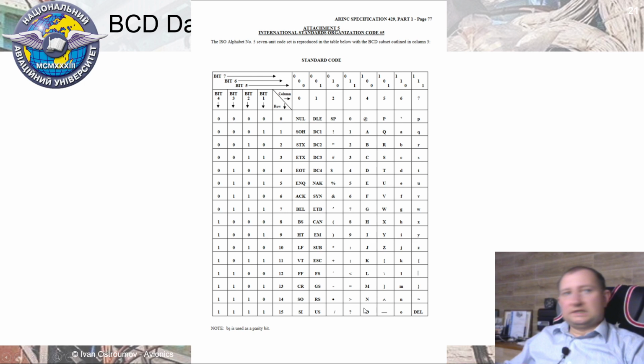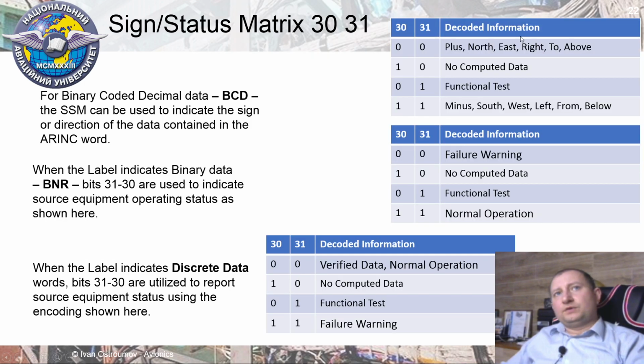Let's go next. Sign status matrix. It is the 30th and 31st bit in the data word. For binary coded decimal data, we use the following description of this data.